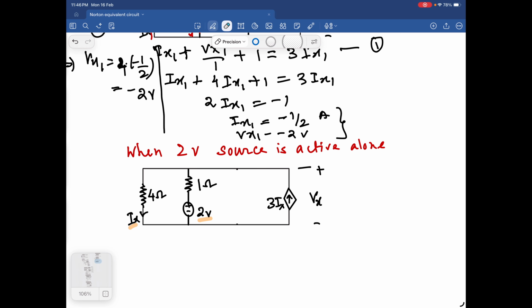This Ix will be Ix2, this will be 3Ix2, and this will be Vx2.